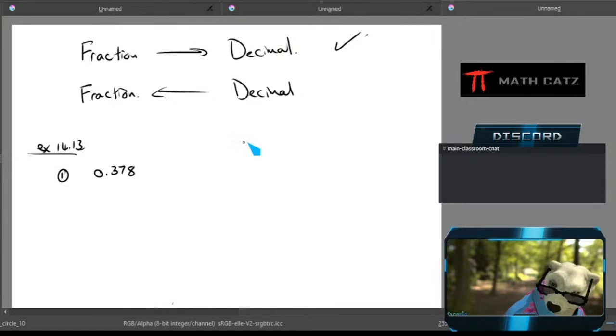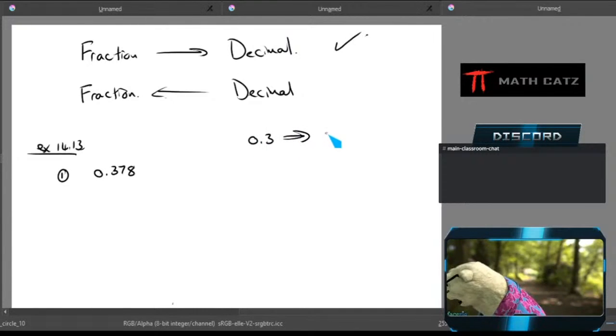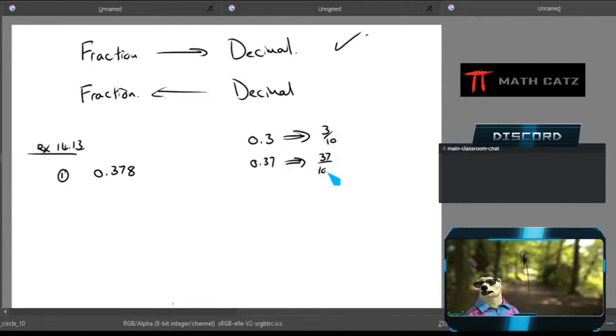Let's suppose this way. 0.3 would be 3/10, because that's exactly what that decimal place means. 0.37 would mean 37/100ths. So 0.378, as our example, is 378 over 1,000, because it stops in the thousands position.